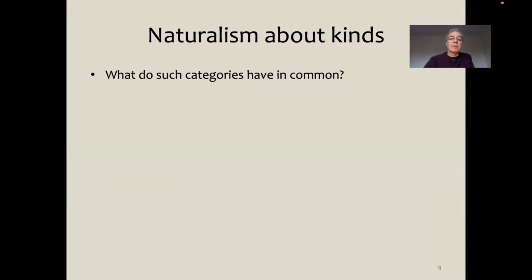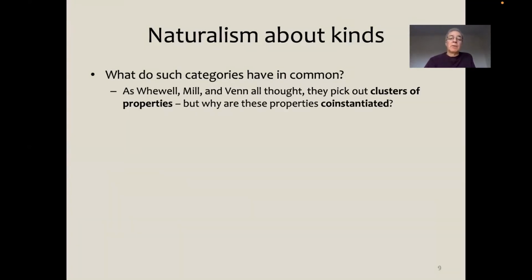So you might say, well, according to naturalists, what do such categories have in common? What do natural classification schemes reveal? What is it that is so special about natural classification schemes as opposed to arbitrary ones? Well, as Whewell, Mill, and Venn all thought, natural classification schemes pick out clusters of properties.